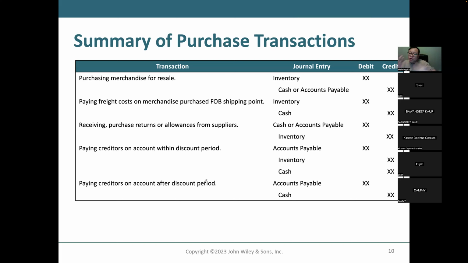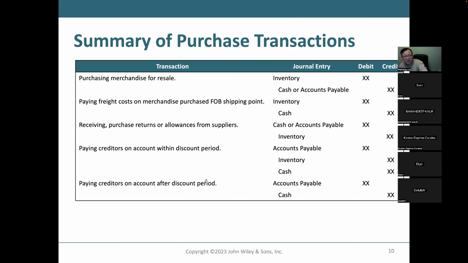If you take a look at your purchase journal entry, you debit inventory, credit cash or accounts payable. So this is the purchase coming to you. Now you are returning it, so that's leaving you. So your journal entry should be the opposite: you debit cash or accounts payable, you credit the inventory.